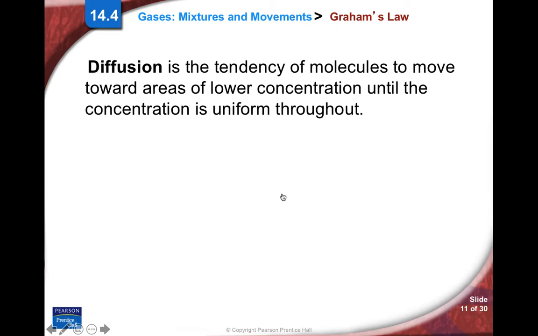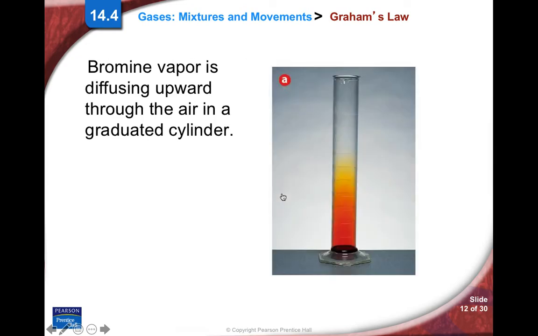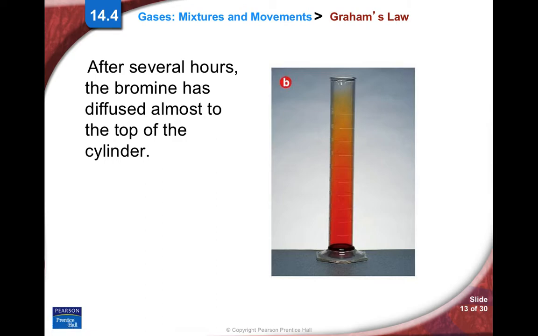You might remember osmosis from biology, how higher concentration moves to lower concentration across a membrane. In diffusion, it's similar. Higher concentration, this is bromine gas vapor, moves to lower concentration without a membrane, without a barrier. And then eventually it will fill the entire container.